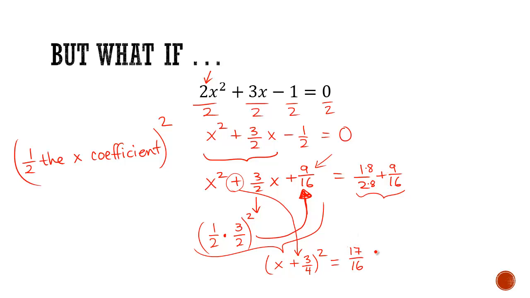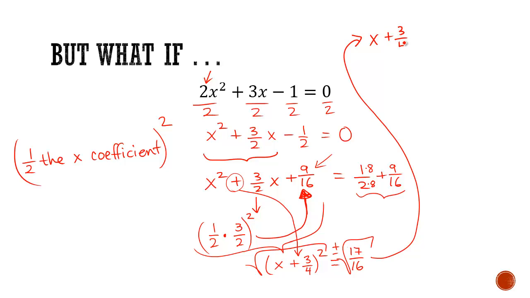And now we can continue and square root both sides, with a plus or minus. X plus 3/4 is equal to plus or minus the square root of 17 over the square root of 16. You'll notice I split the square root so I can hopefully simplify at least one of them, and luckily root 16 simplifies to be a 4. So we've got x plus 3/4 equals plus or minus root 17 over 4.